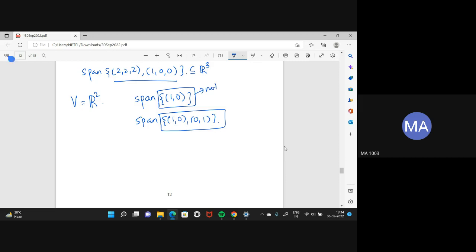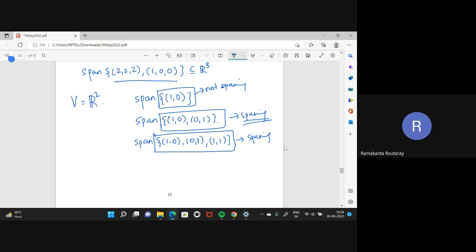This is not spanning, but this is spanning. What is the span of (1, 0), (0, 1), (1, 1)? Same, R2. So this is a spanning set, right? Once you have reached a spanning set, all supersets will be spanning sets, because this itself was enough, no? We are just adding more information, right? Yes, ma'am.